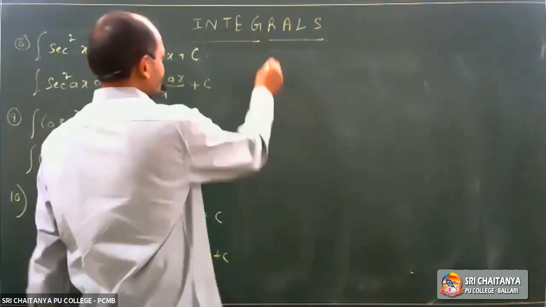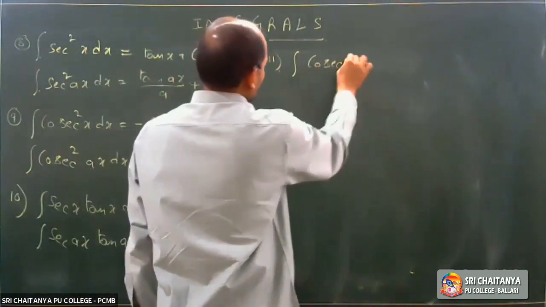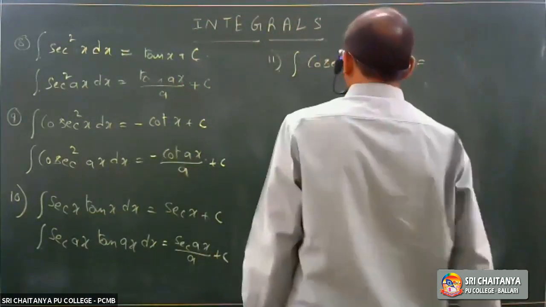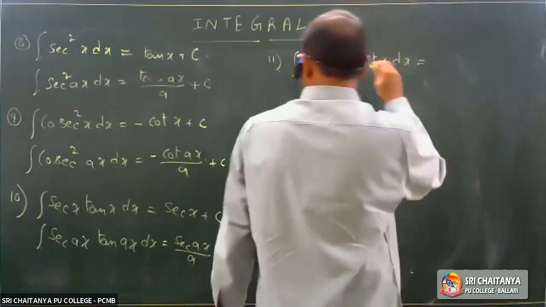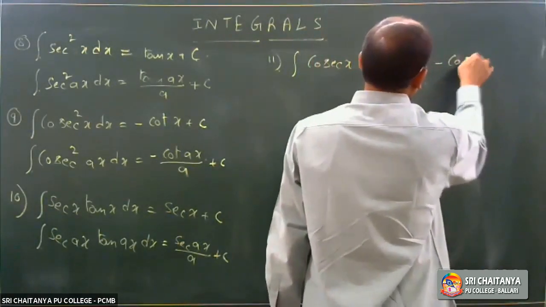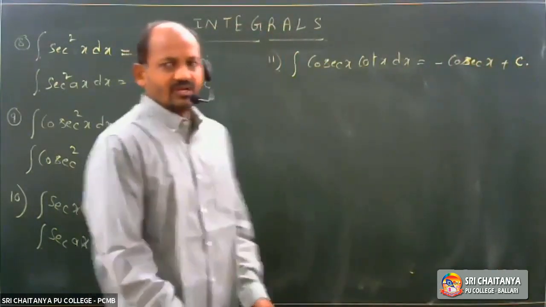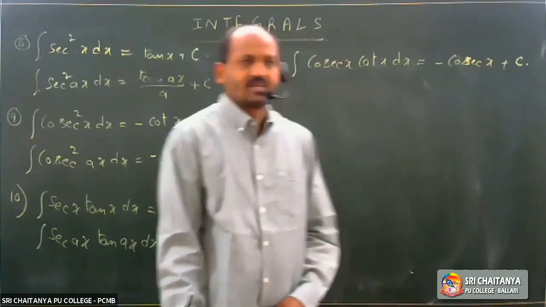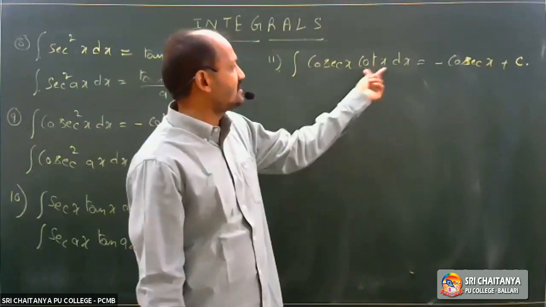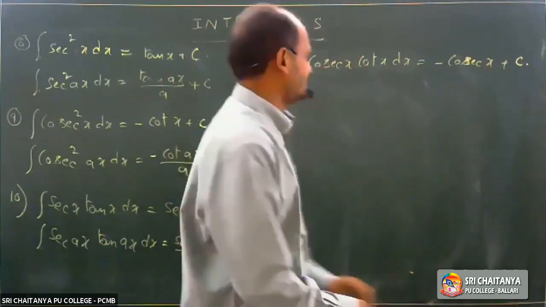And next, 11th one: integral of cosecant x cot x dx is minus cosecant x plus c. You know that the derivative of cosecant x is minus cosecant x cot x. So integral of cosecant x cot x dx is equal to minus cosecant x plus c.